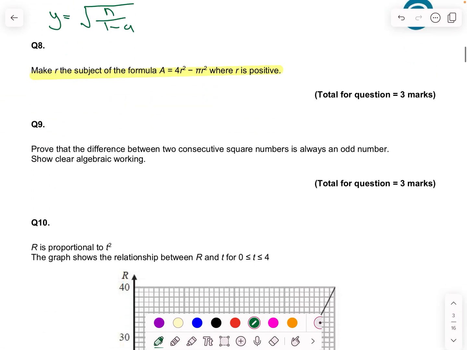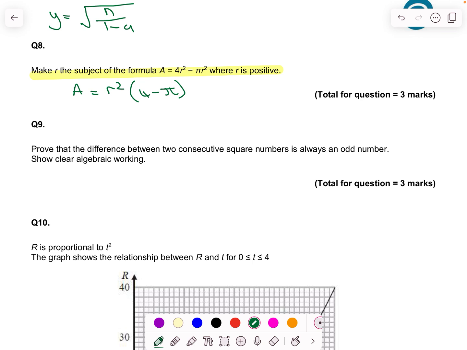Okay, let's carry on. Make R the subject, again, where R is positive. So it's again in 2 places, but I've already put them all in the same place. So all I'm going to do is factorise. I'm going to have to take R squared out. And so what I'll have inside the brackets is 4 minus pi.